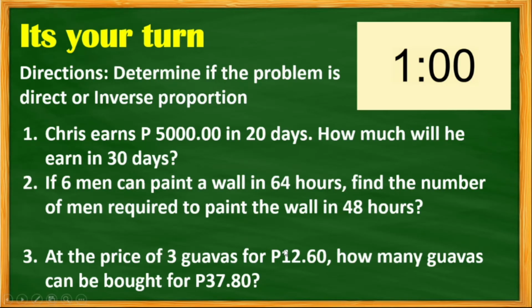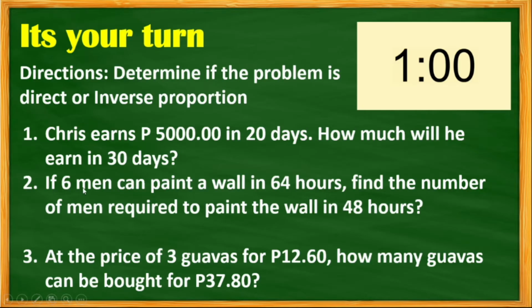Now, it's your turn, grade 5 pupils. The direction is you're going to determine if the problem is direct or inverse proportion. For number 1, Chris earned 5,000 pesos in 20 days. How much will he earn in 30 days?